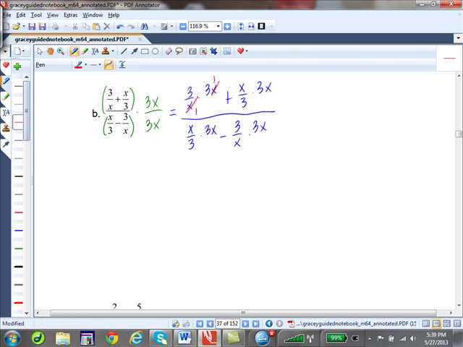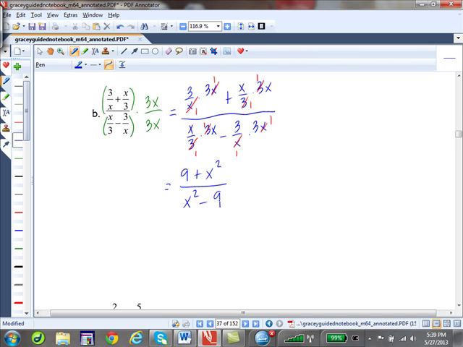So these x's will divide out, and then these 3's will divide out. And then again over here, the 3's divide out and the x's divide out. So when all is said and done, we will have 3 times 3 is 9, and then x times x is x squared, over x times x is x squared minus 9.